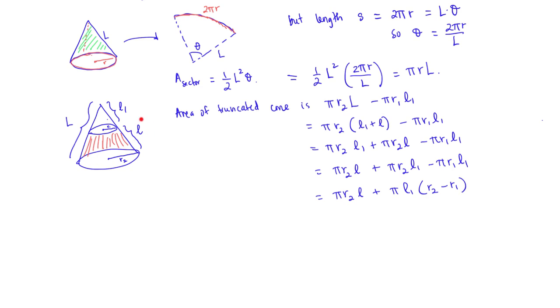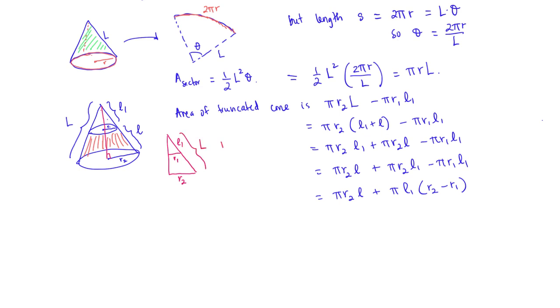But to obtain a more useful expression, we observe that we can form two similar triangles in the diagram. The larger triangle comes from the larger cone, and the smaller triangle comes from the top smaller cone.